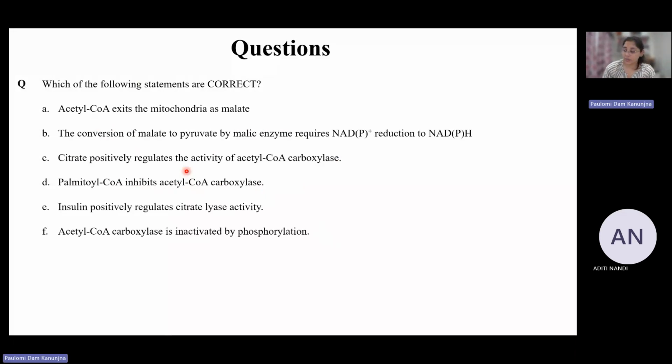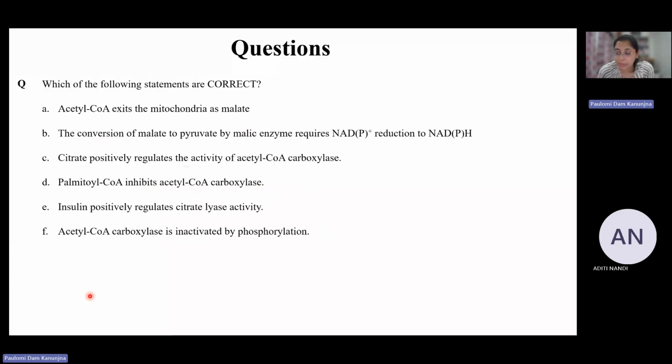Okay, next one. Next one says, again, based on this, which one of these statements is correct?